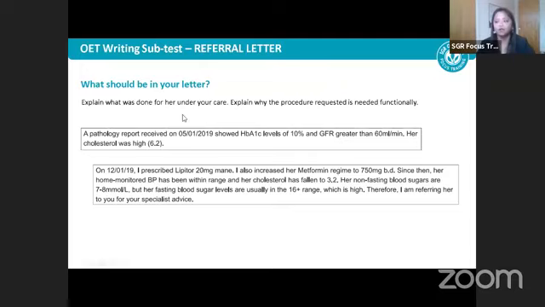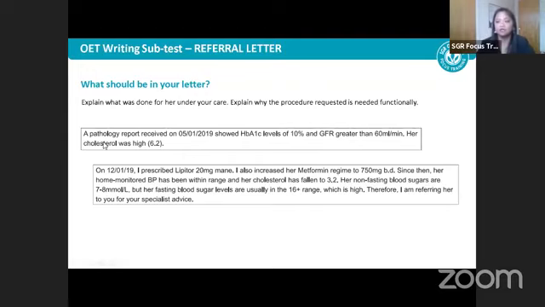The next job for the letter is to make an introduction about the different types of testing and medication or treatment that was given to this patient during the care of the primary doctor or nurse.